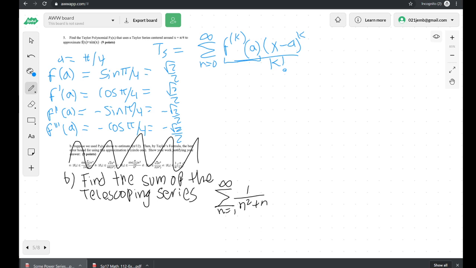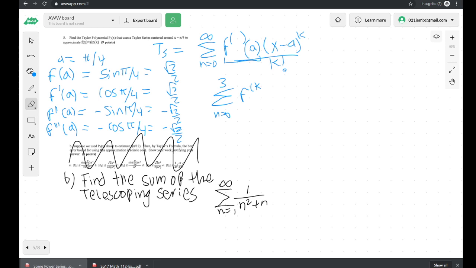Now, what else do we need to know? Well, usually it would be nice to simply start writing out the first terms. So we're going to find the sum from n equals 0 to 3 of the values for f of k. Actually, I'm doing something wrong here, if you notice.